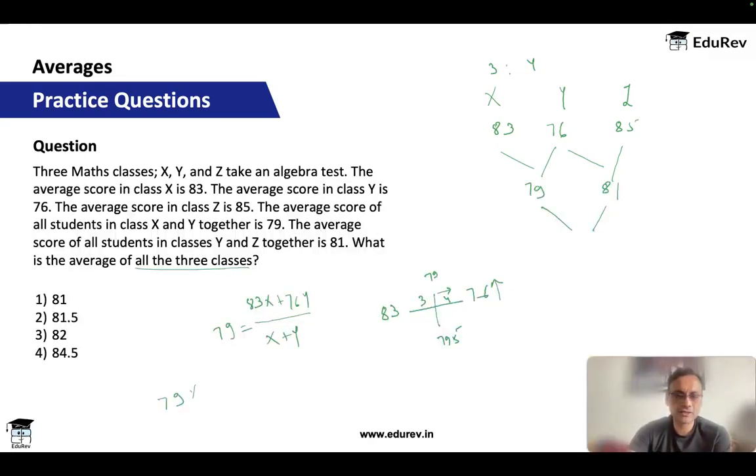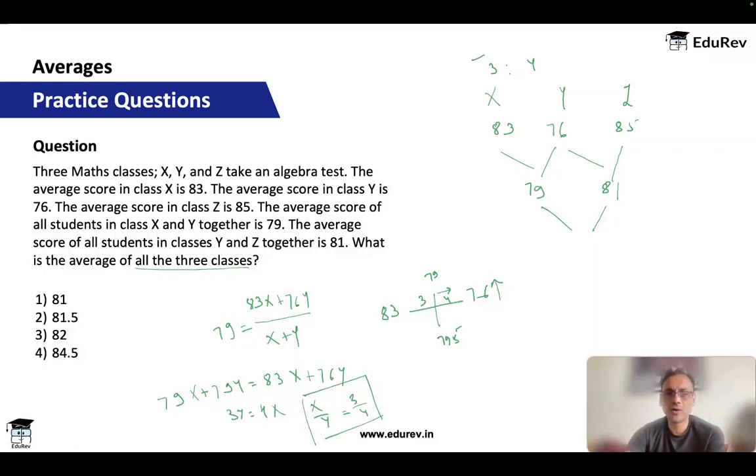So 79x plus 79y is equal to 83x plus 76y, or 79y minus 76y is equal to 4x, or x upon y is equal to 3 upon 4. So that is what you get. Same thing we had got here. How did we get this?